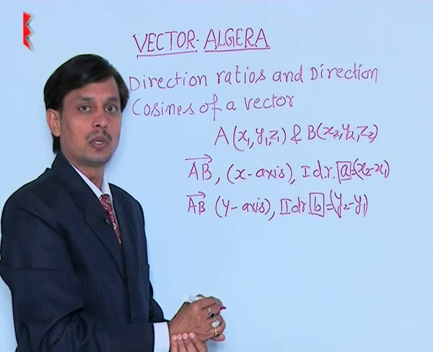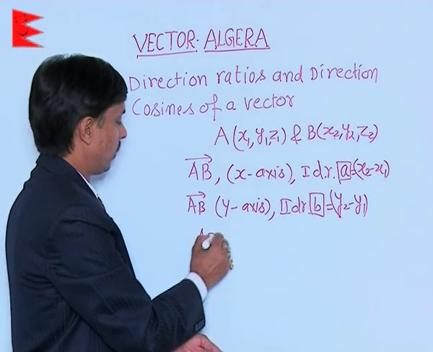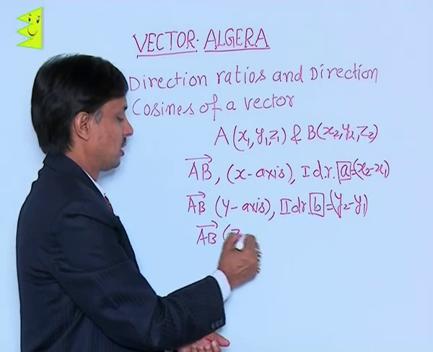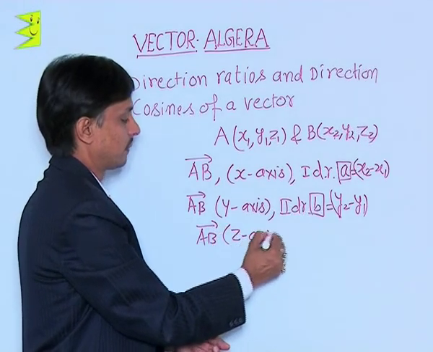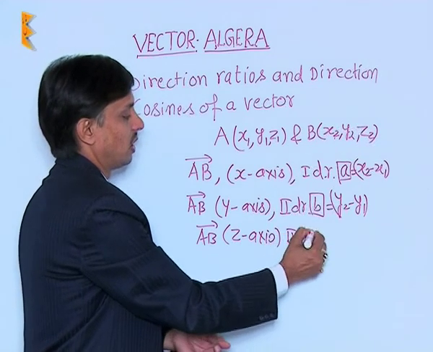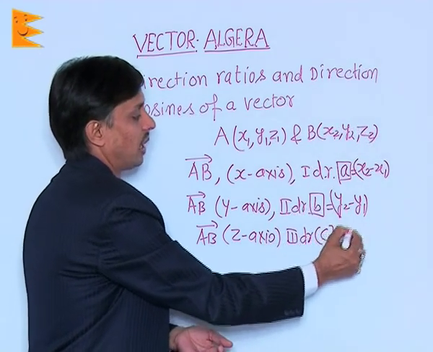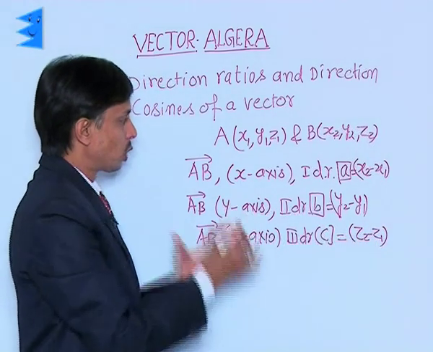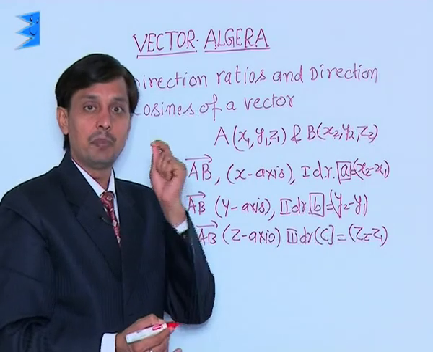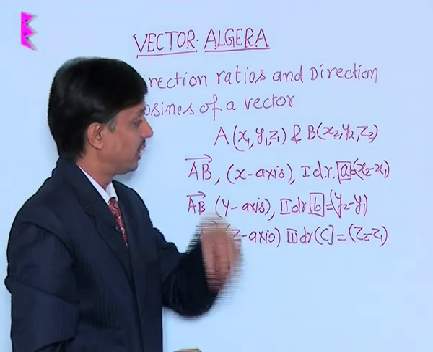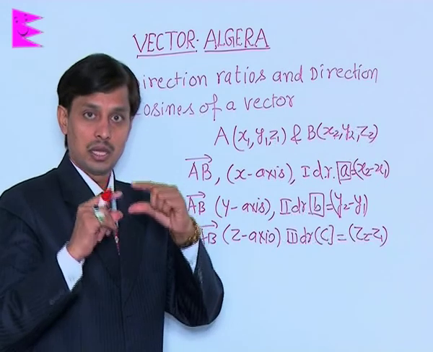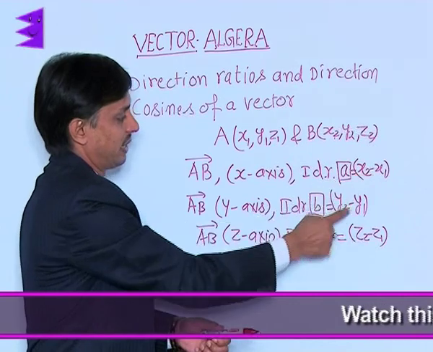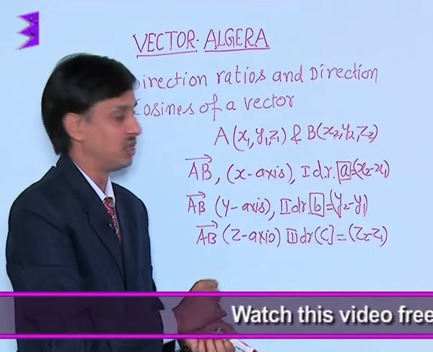The third direction ratio of vector AB, along the z-axis, is represented by C and given by z2 minus z1. So A, B, C are the direction ratios of any vector AB, obtained by x2 minus x1, y2 minus y1 and z2 minus z1.